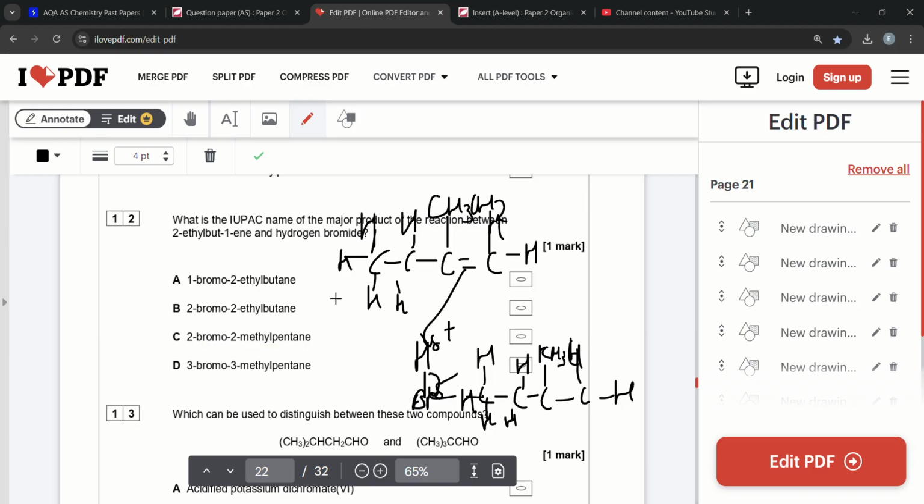Because it's the major product, the Br is going to be on this carbon. So what is this?